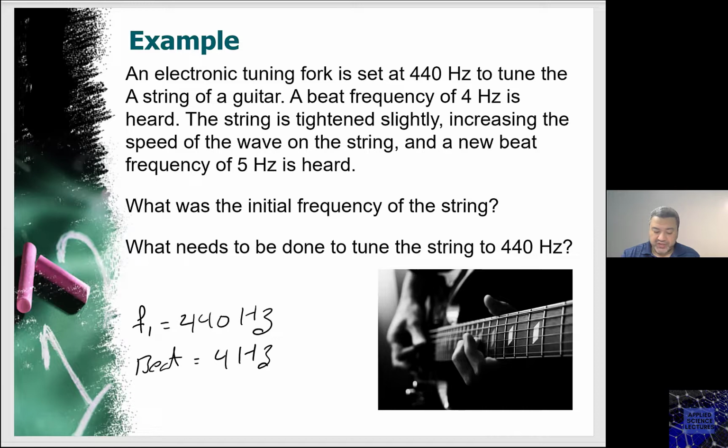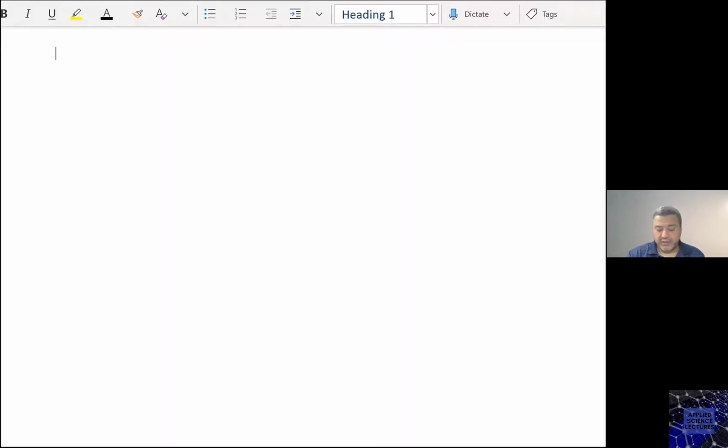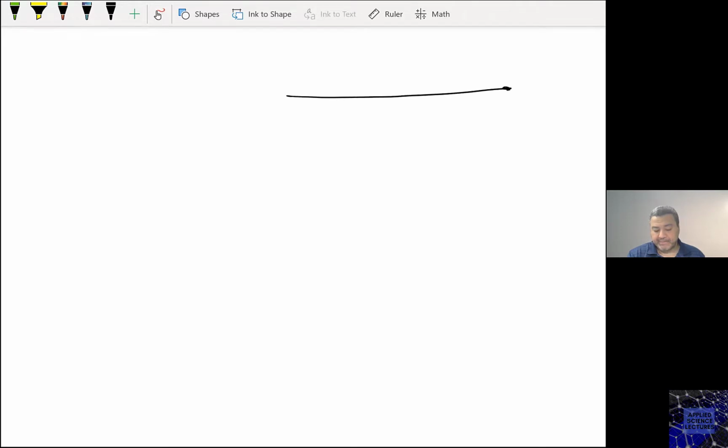So when we tighten the string, this means we have decreased the length of the string, and as a result, we will see that the frequency will increase. Now here, the new beat, so if this is beat 1, beat 2 is 5 hertz. If we look at this string, when this string was L1, then the beat was 4 hertz.